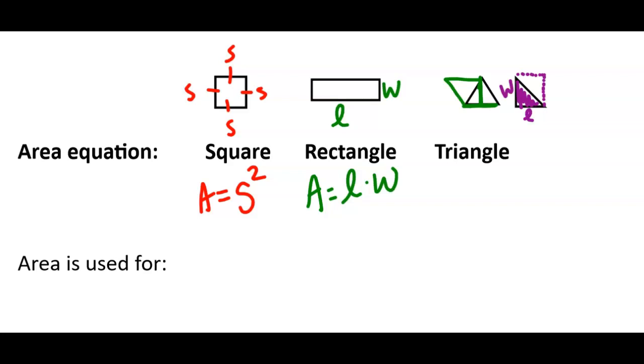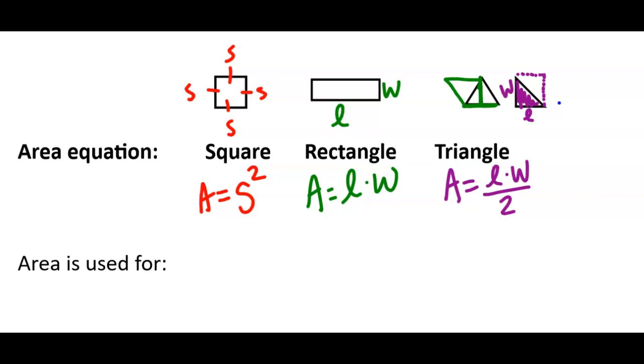So here I have taken this triangle here, and I redraw it, and I redrew it here. And now what shape does that make? It makes a square. So we're going to use the equation of a square, area equals length times width, but we're going to split that in half because that's what we did here in the picture. That triangle, there's 2 triangles in every square.